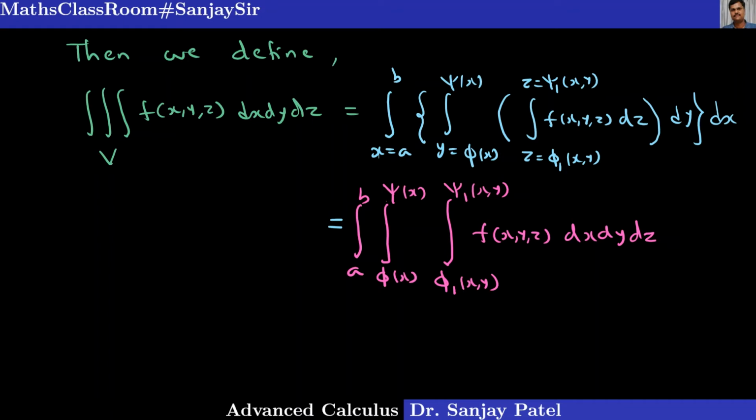Remember, we have to integrate again in this order from right to left. So first with respect to z, then with respect to y, and then with respect to x finally.